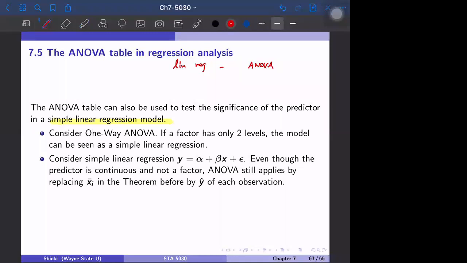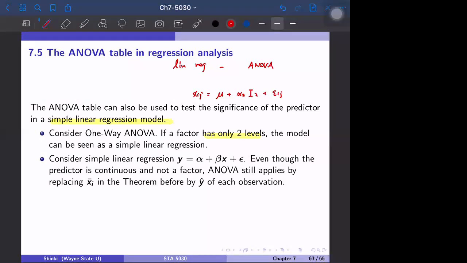This is obvious if the one-way ANOVA has just one factor and only two levels, because the model should be x_ij is equal to mu plus alpha 2 times the indicator variable for category 2, plus epsilon_ij.